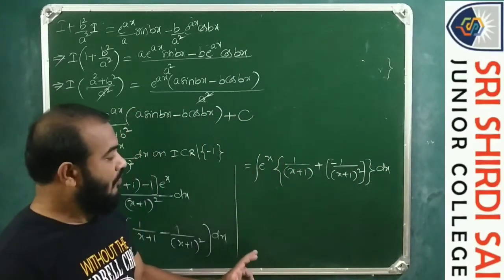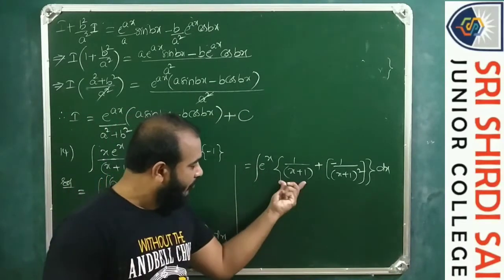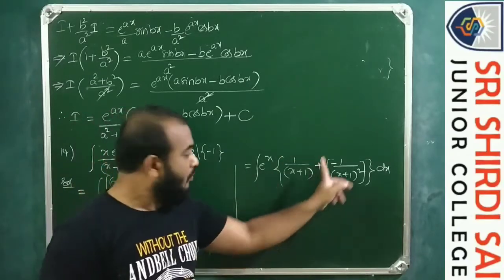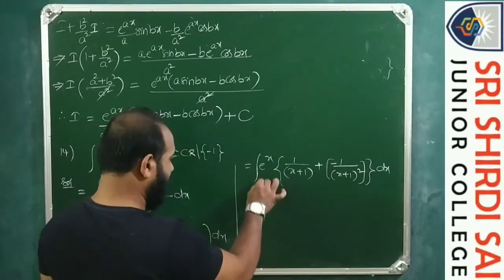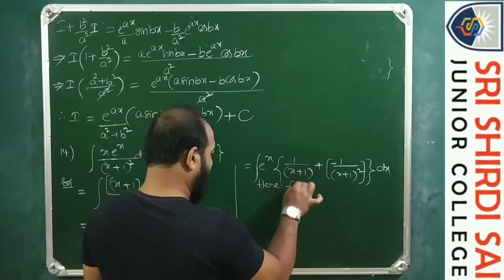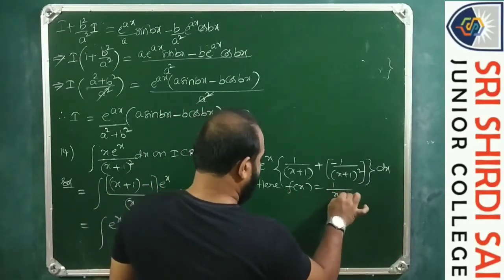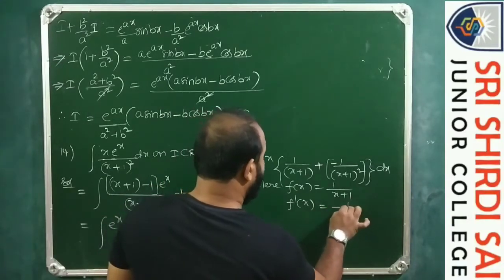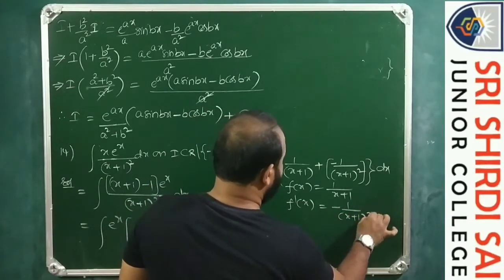So this is of the form integral e power x into f of x plus f dash x dx. We know the derivative of 1 by x is minus 1 by x square. So here f of x is equals to 1 by x plus 1, while f dash x is equals to minus 1 by x plus 1 whole square.